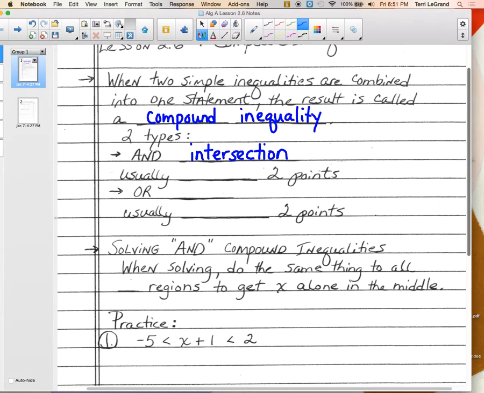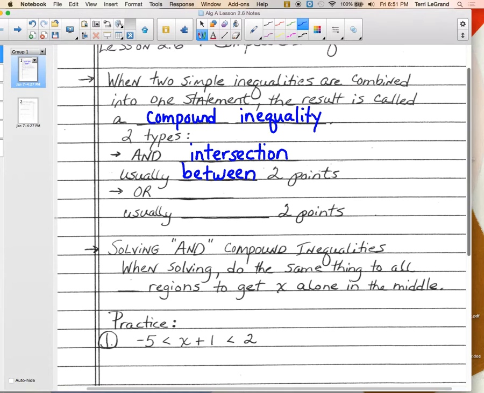So we call that an intersection. When we graph these, the solution region typically falls between our two endpoints, the overlap of the solutions that belong to both.